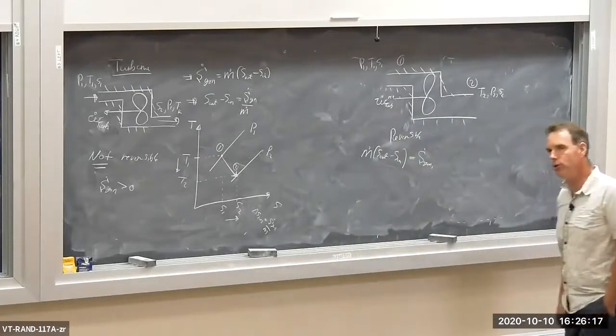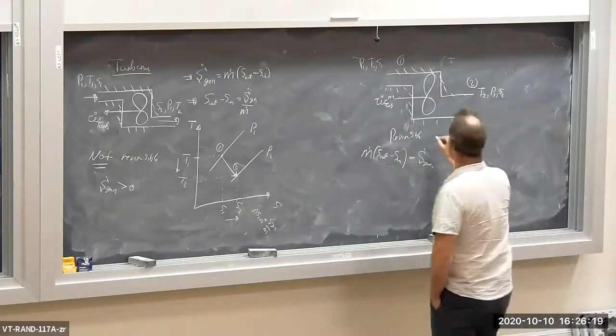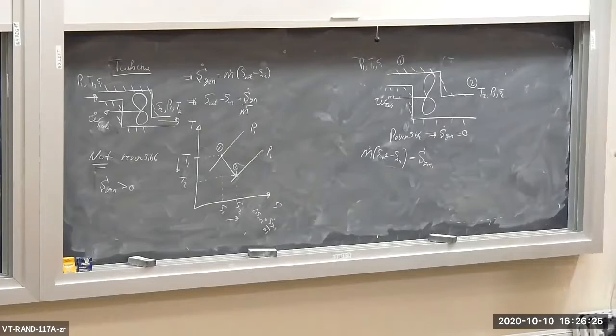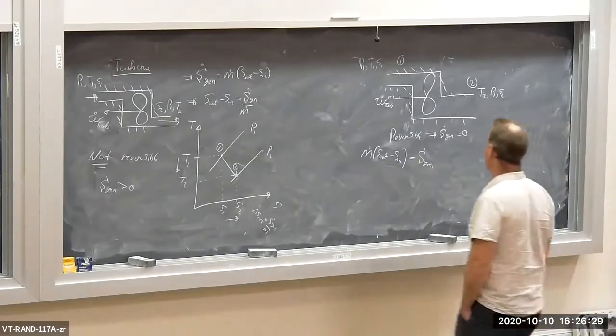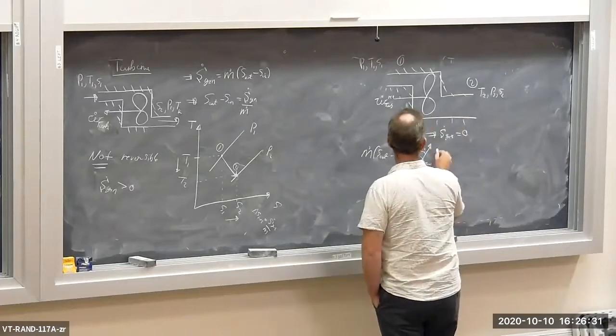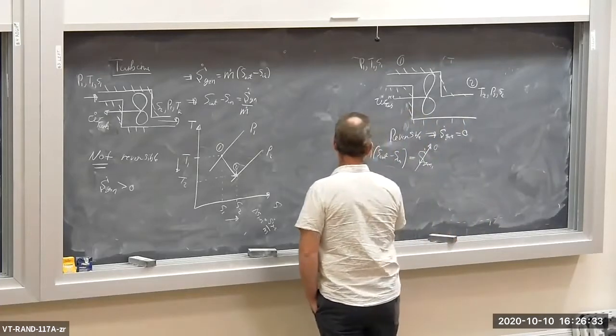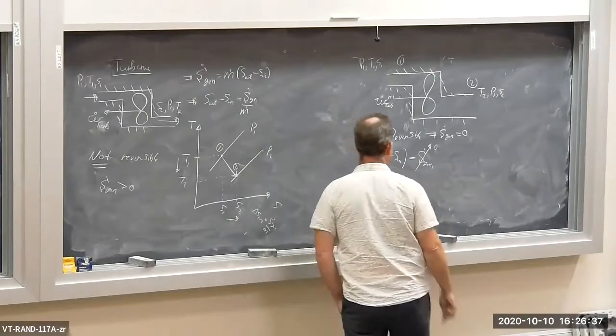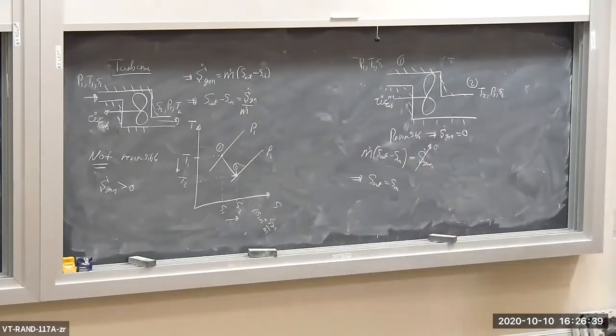Now, if it's reversible, that means there's no entropy generation, so S dot gen is equal to 0. So this implies S out equals S in, or S2 is equal to S1.